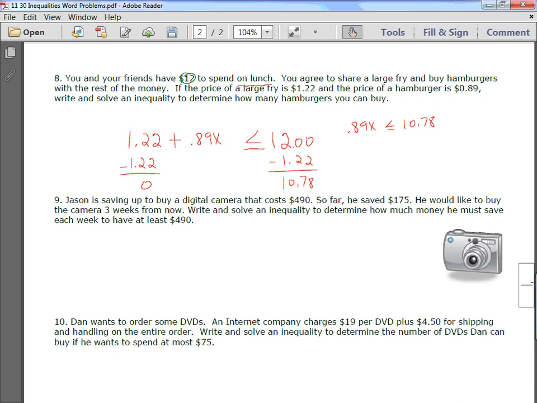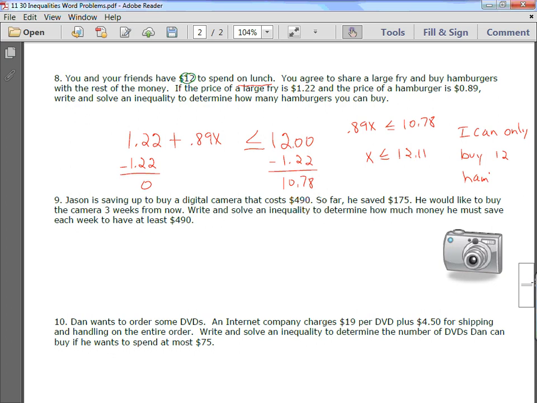So x is less than or equal to 12.11. If I buy more than 12 hamburgers, I go over, so I can only buy 12 hamburgers.